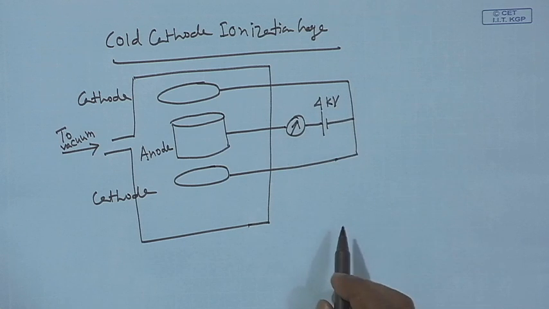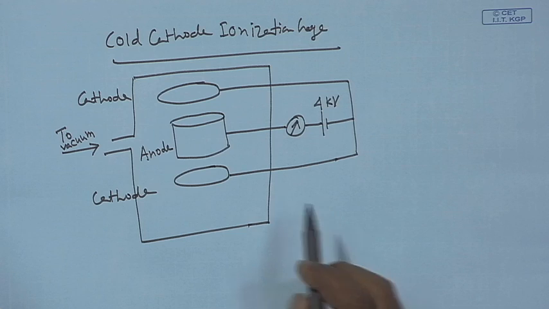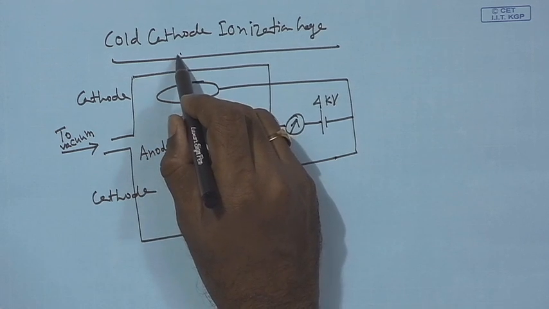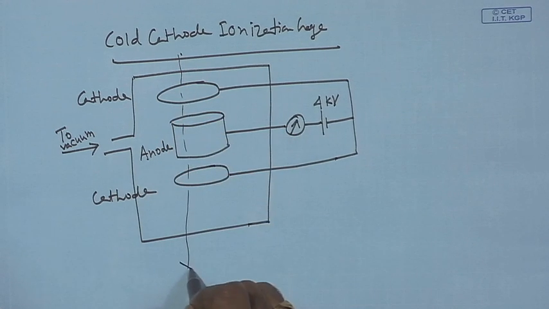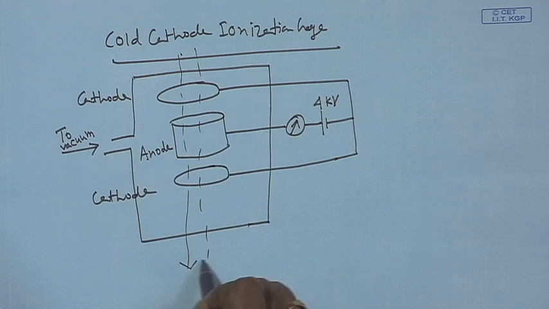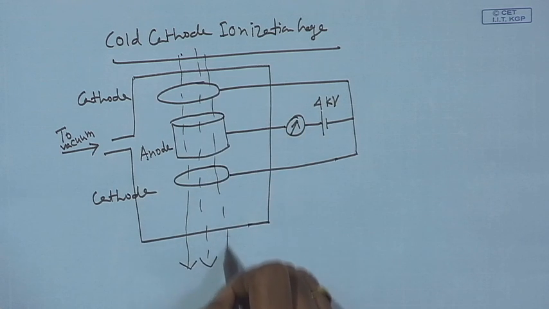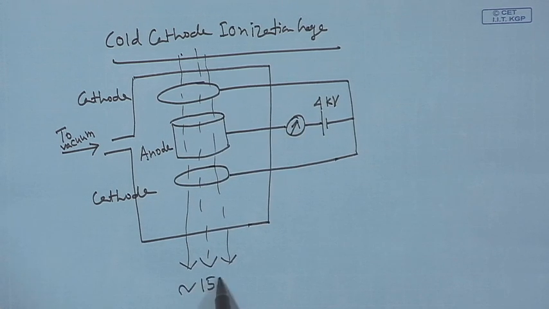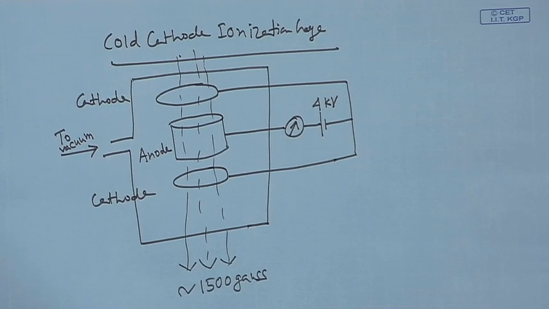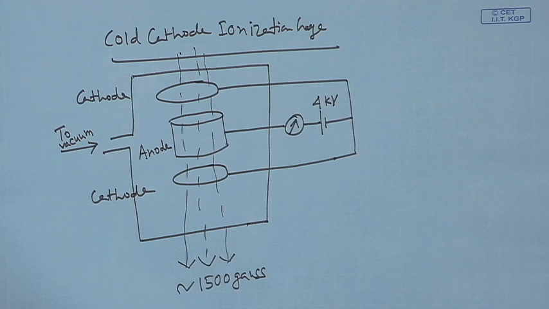So, a high electric field of the order of 4 kilovolt is applied to draw out electrons, and a strong magnetic field of about 1500 Gauss is imposed around the tube, which will cause the electrons to move in a spiral path to the anode.